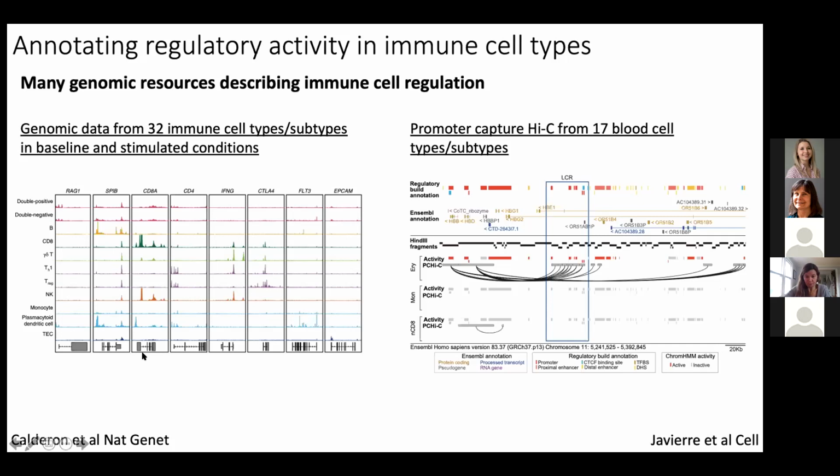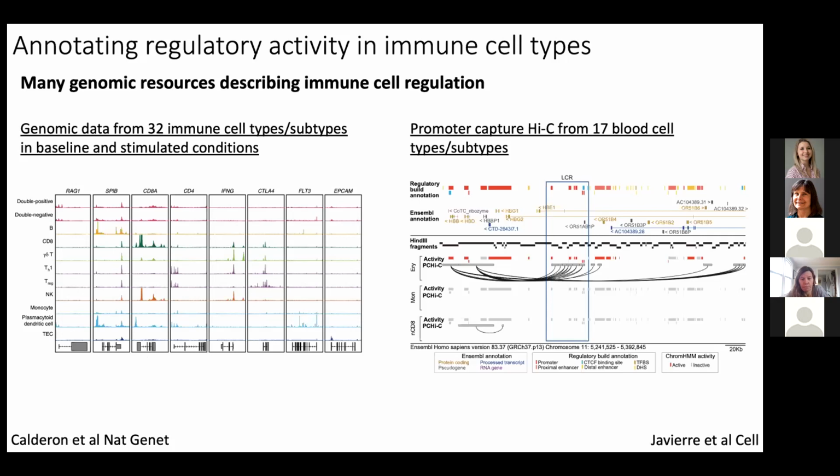One example on the left is a study in Nature Genetics, I think last year or 2 years ago, where they profiled 32 immune cell types that were sorted, both in baseline and then also stimulated conditions. On the right, promoter capture Hi-C data linking regulatory elements to target genes in different blood immune cell types and subtypes.